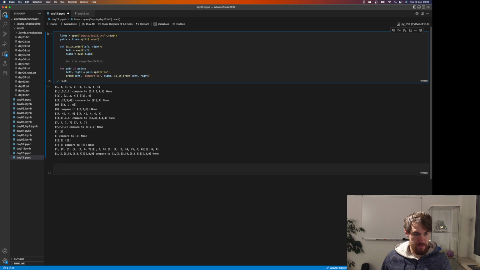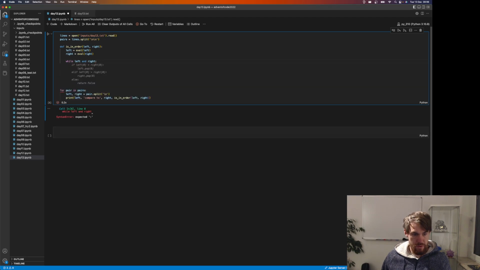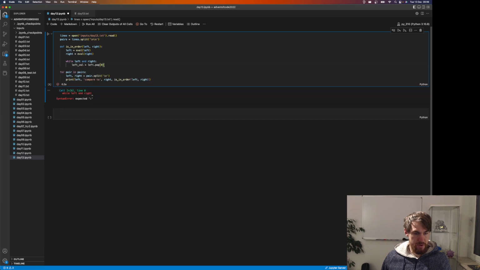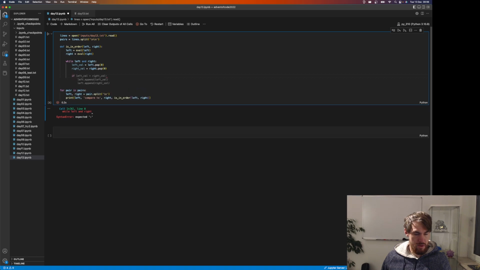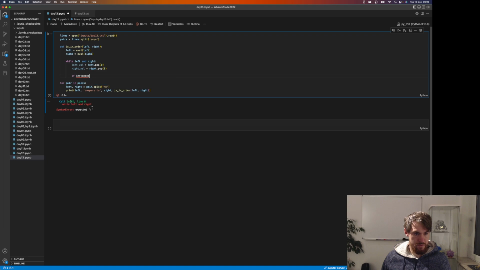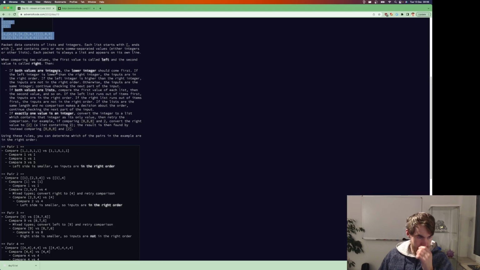So then we say, for left and right, left value is left.pop, right value is right.pop. So here we check if both values are integers.